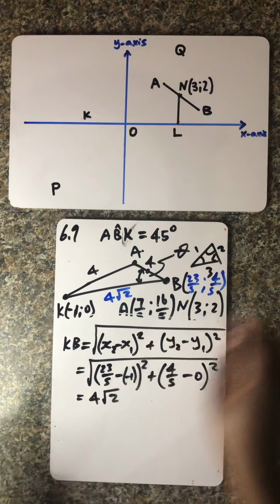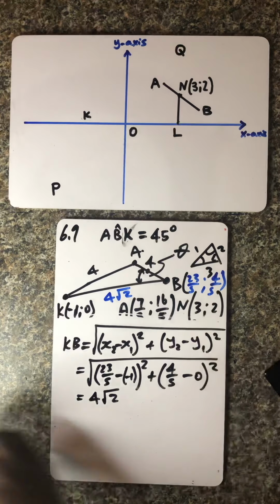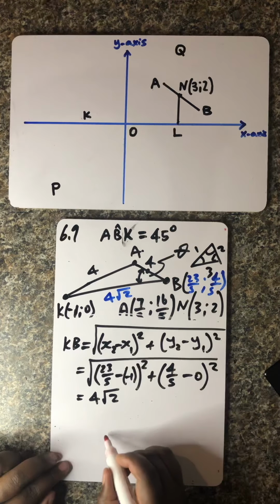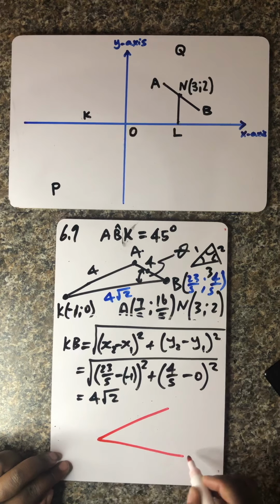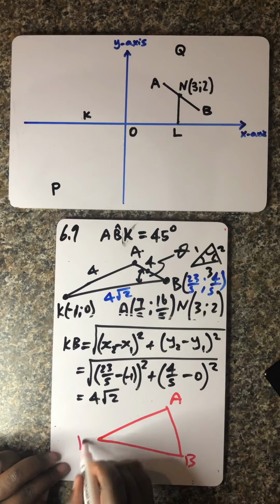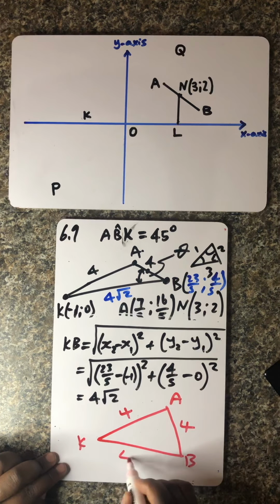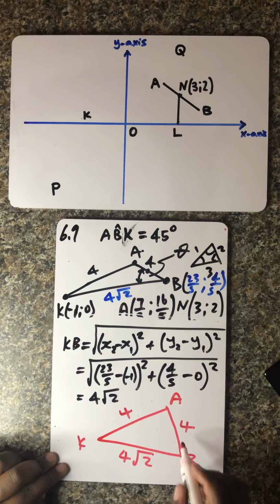I think maybe if I can just, I'm not sure. Okay, let me just do it here, ladies and gentlemen. This is what we have. This is A, B, K. We've got 4, 4. This is 4 square root of 2. And this is the angle that we want.